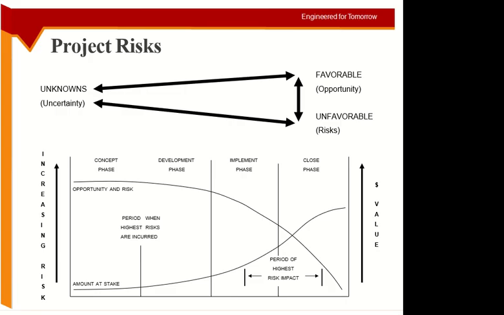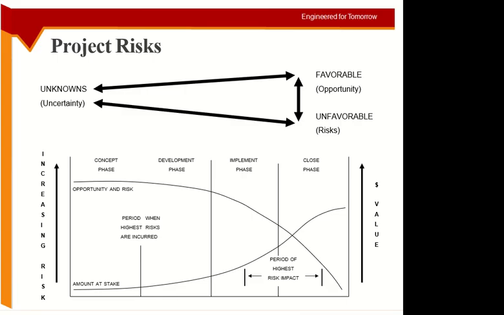This diagram shows you the value. You can see value on one aspect, and you can see the increasing risk on the other hand. Right hand side is the value, like how much money or how much loss you can have if a risk happens, and what is the percentage of that happening.